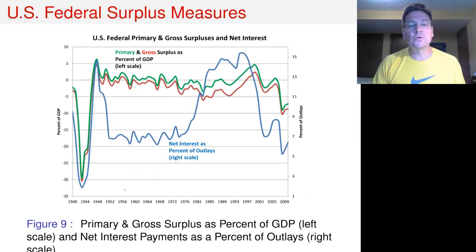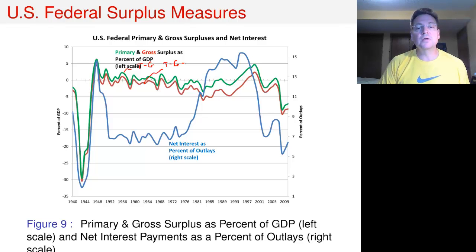So what do these numbers look like in the US? Well, since World War II, first I should tell you that the green and red lines are the primary deficit. So remember that that's just T minus G. And the red line is T minus G minus debt service.